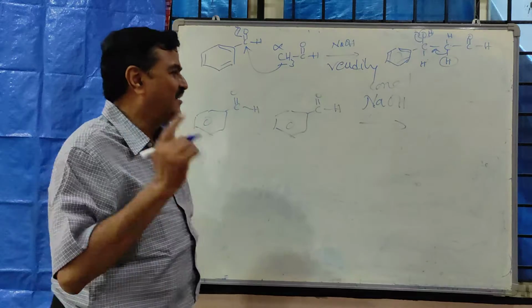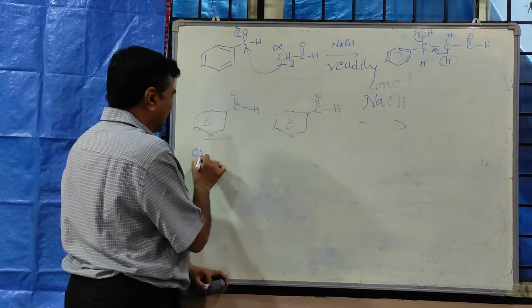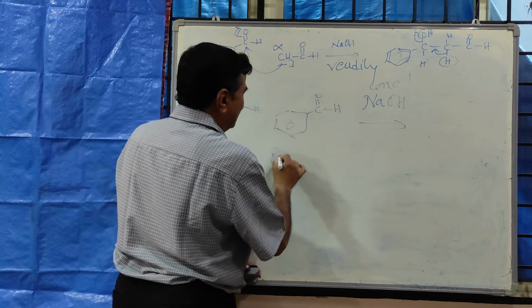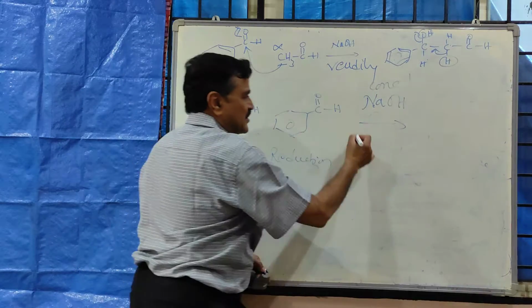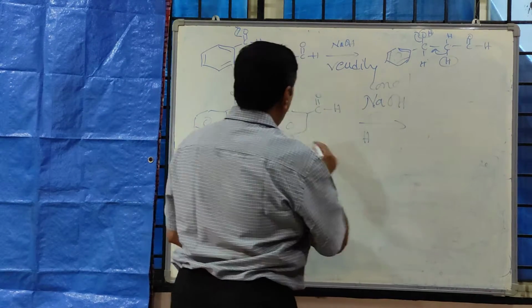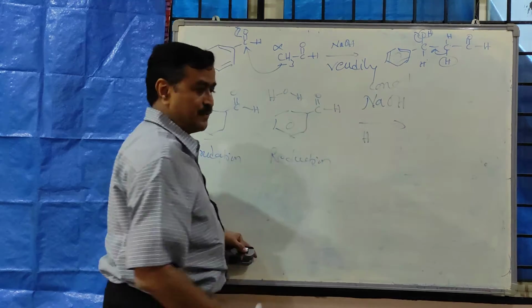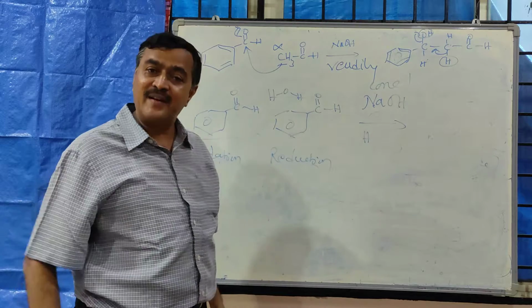What is it? One molecule of benzaldehyde undergoes oxidation, the other undergoes reduction. This will happen in presence of water, that is, in an aqueous medium. One molecule undergoes oxidation, the other undergoes reduction.